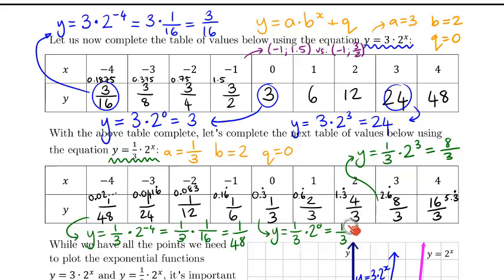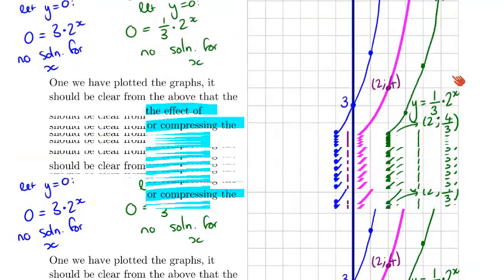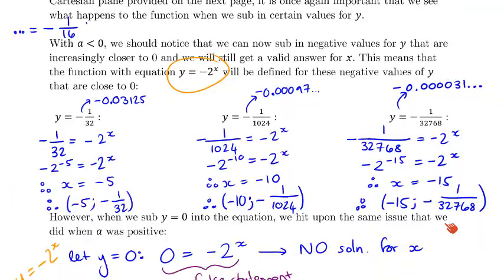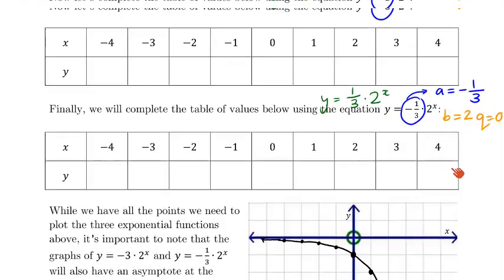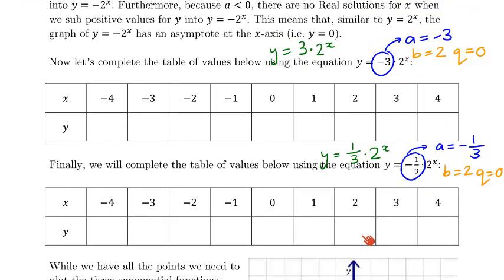So basically what's happening here is instead of taking, for example, 1 over 16 and timesing it by a positive 1 over 3, now in our new function we would take this 1 over 16, which was 2 to the minus 4, and we'll be timesing it by negative 1 over 3, hence the answer will be negative 1 over 48. That's going to be the same for all the answers in our two new tables, guys. It's going to be the same y values, just negative, because the a value is the negative version of what we had up there. So filling out these tables is actually going to be really quick and easy.